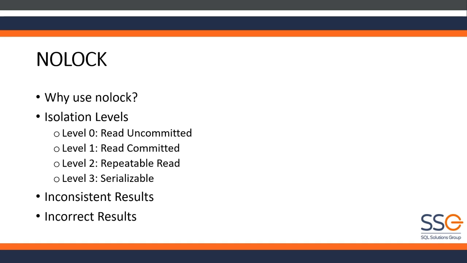Now, this process does block writing processes, so inserts, updates, deletes on the row of data that's locked, or the page, or whatever the locking level is. So readers, if they're reading data, will block anybody from writing to the data it's reading. That also works the other way around. If a process is modifying data, then it's going to block anybody, including other write processes and including read processes.